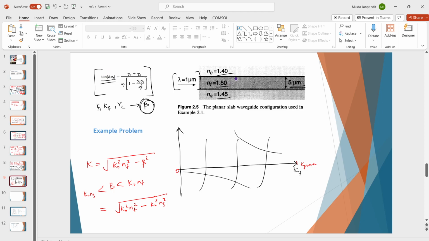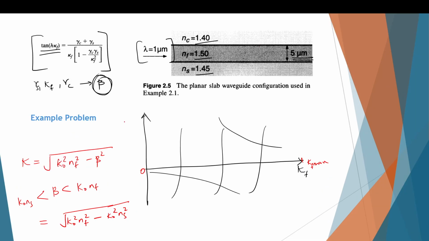So for these particular boundary conditions, for these particular values of refractive indices and the thickness of the waveguide, I am getting 4 possible solutions. So 1, 2, 3 and 4. Okay.